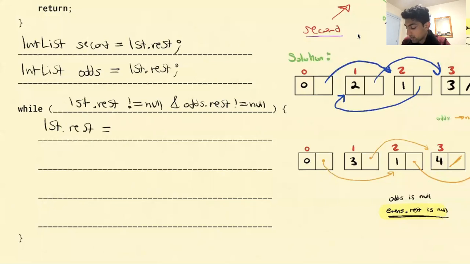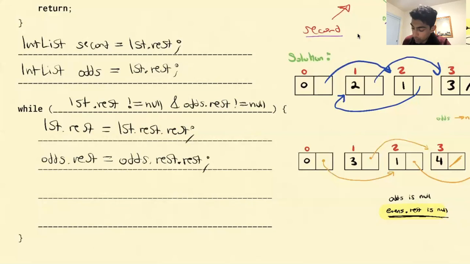List.rest is equal to list.rest.rest, right? And this is the logic we've kind of iterated a few times over now. And then what we will do is we will move list and odds to list.rest and odds.rest respectively, right?